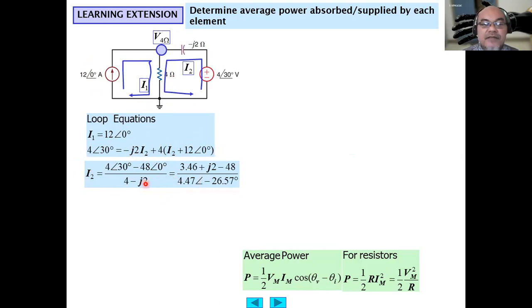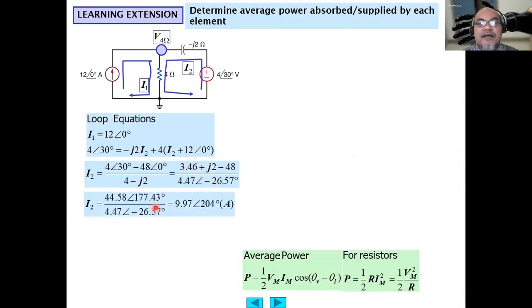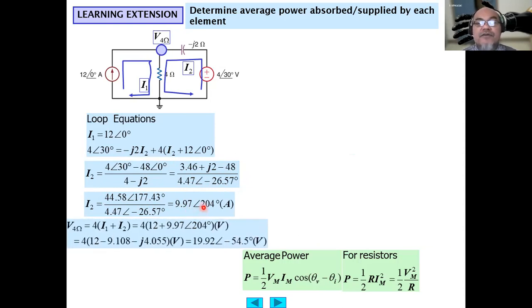So from here, we convert first into complex format to obtain the result, and we convert back to phasor format. So we obtain 44.58 with an angle of 177.43 degrees divided by this denominator. So this will result in a current I2 equals 9.97 ampere with phase angle 204 degrees.